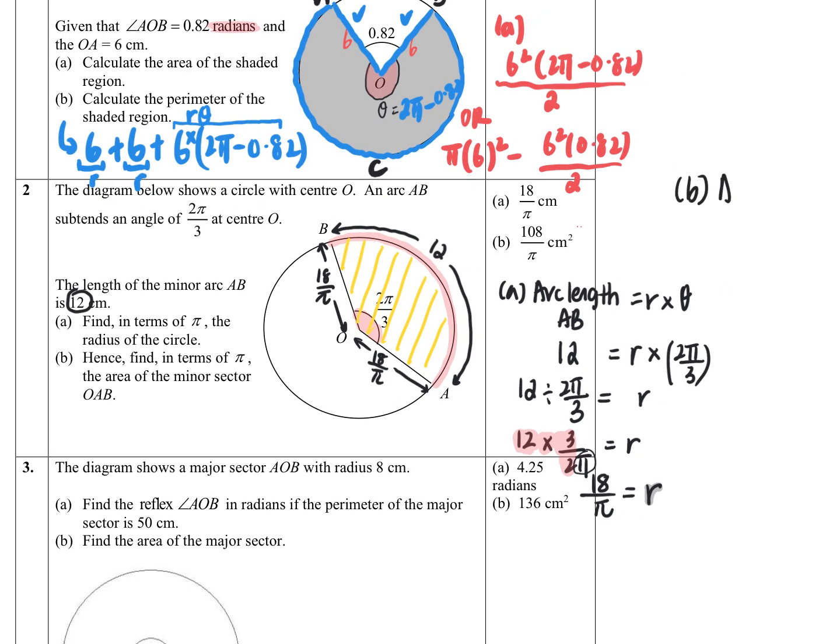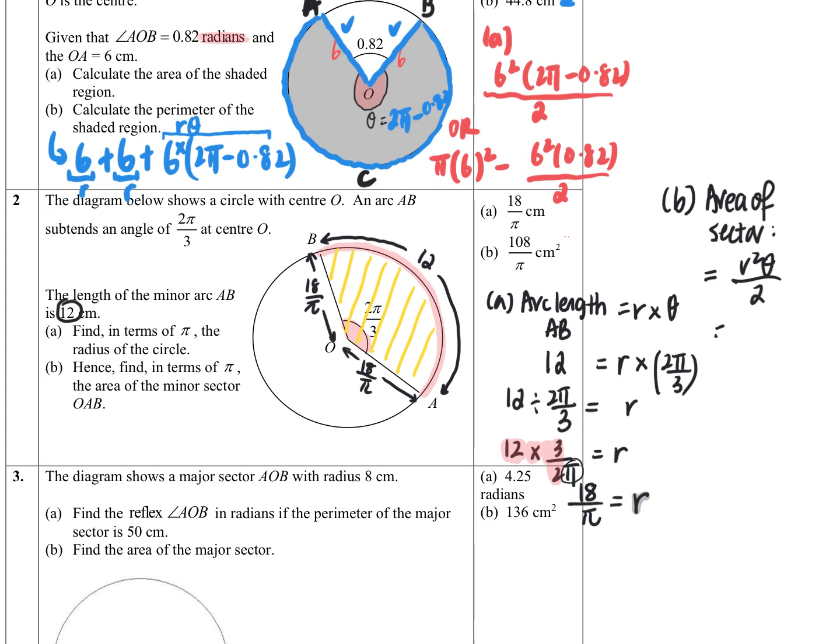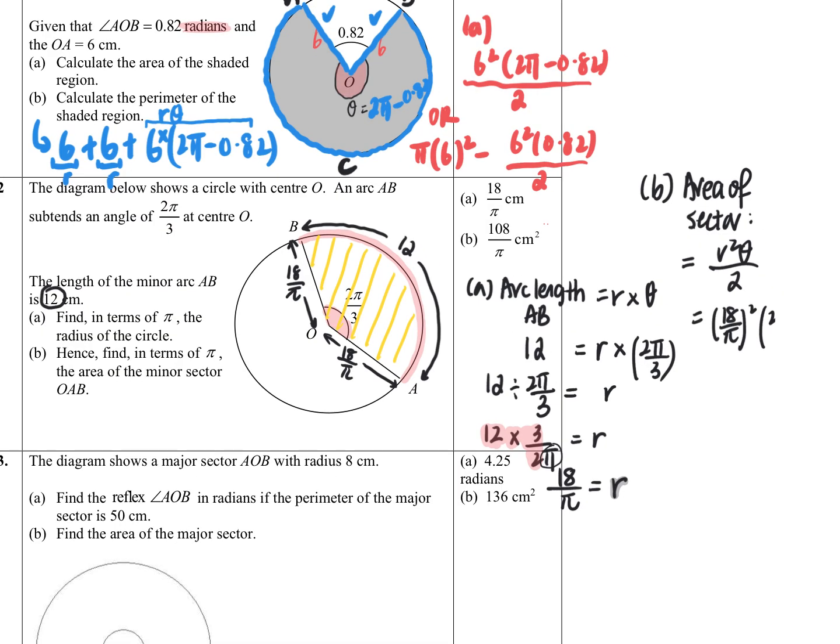So area of sector is r squared theta over 2. So we just put in the info. R we know is 18 over pi. Theta is 2 pi over 3. And then the whole thing over 2.